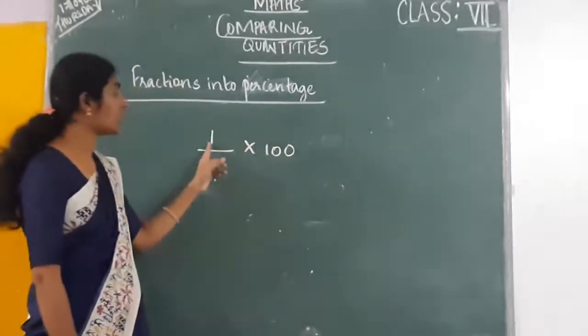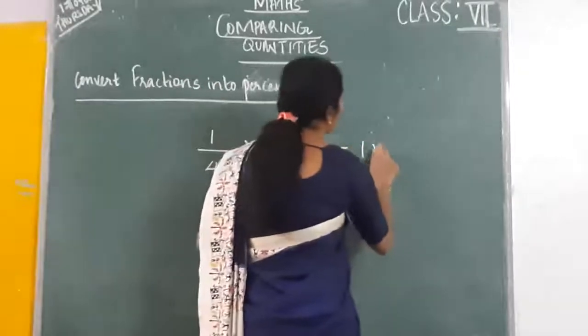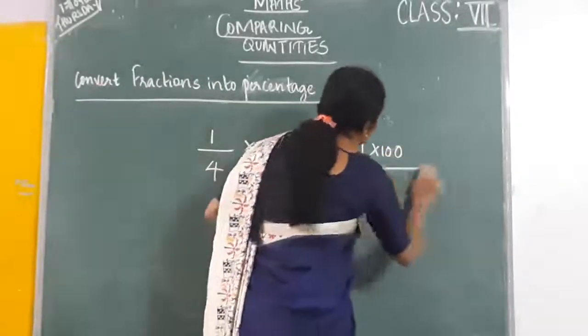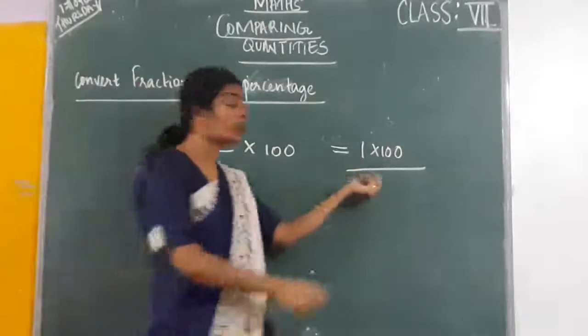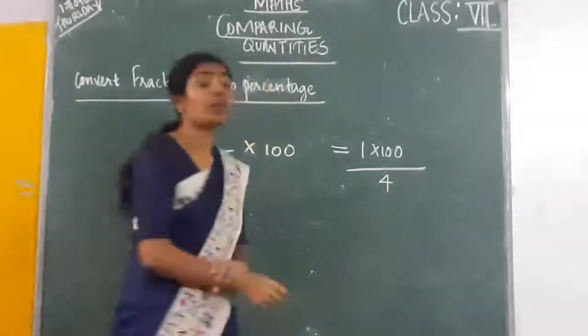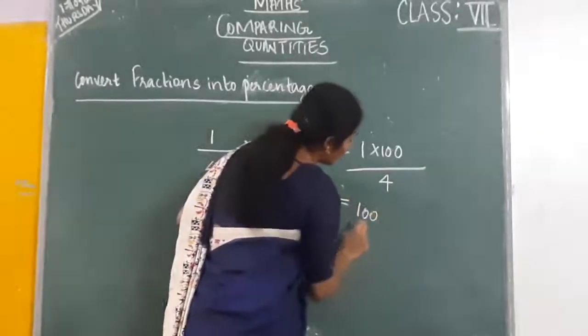Multiply the numerator with the whole number and the denominator remains the same. So what will you get? 1 multiplied by 100 is the numerator, and the denominator is the same, 4. What is 1 multiplied by 100? That is 100 divided by 4.